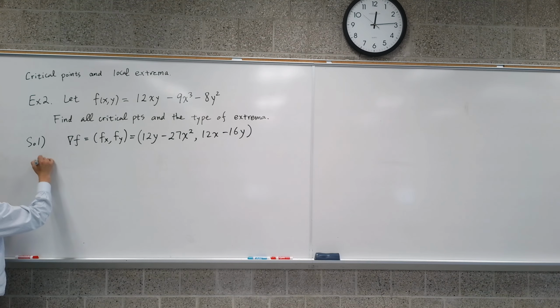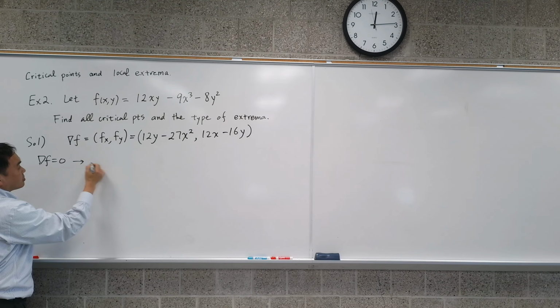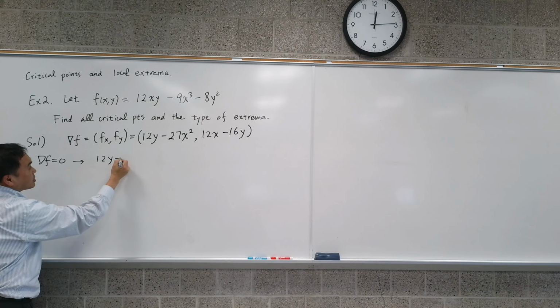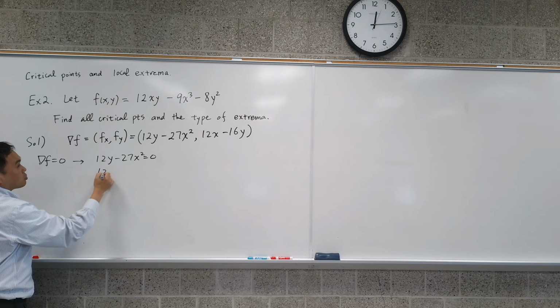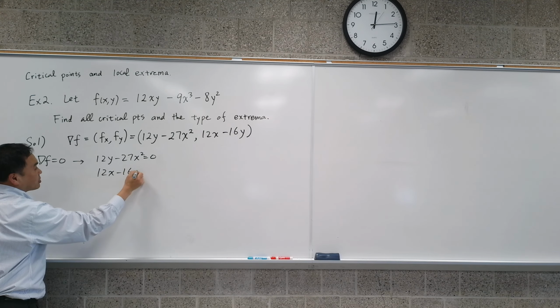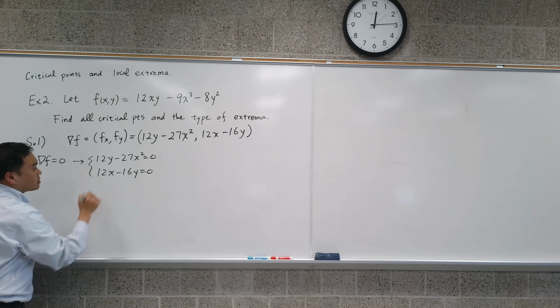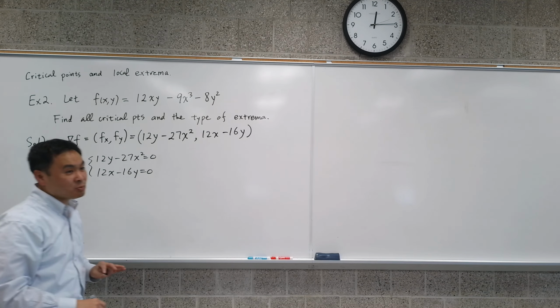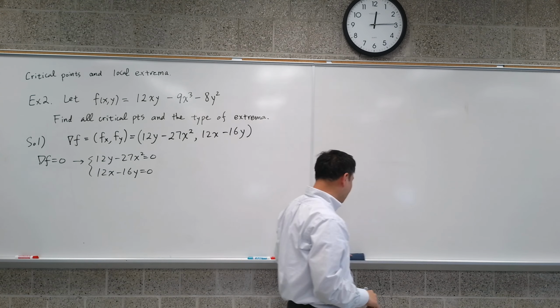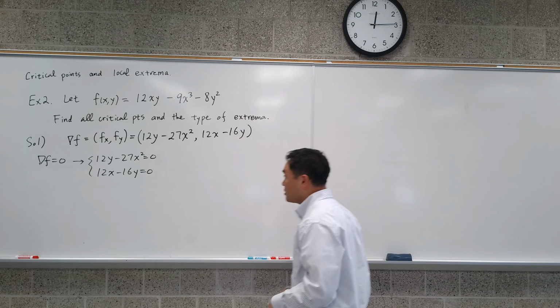And because I need gradient of f to be 0 in order to get a critical point, I see that 12y minus 27x squared has to be 0, and also 12x minus 16y has to be 0. Another system of equations. Both need to be satisfied in order to be called a critical point.